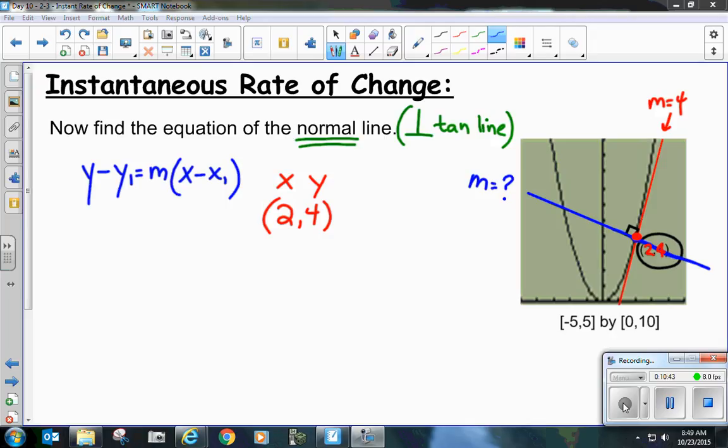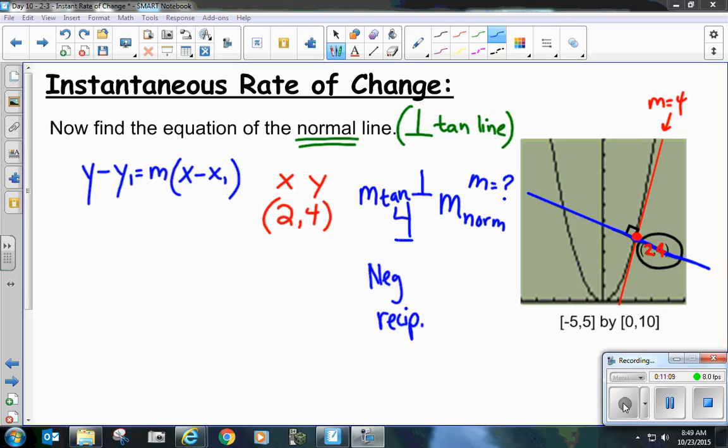So we need to go back to geometry and remember that if I know the slope of the tangent line is 4, then the slope of the normal line, or any perpendicular, is the negative reciprocal.